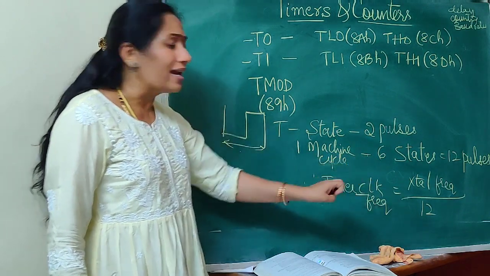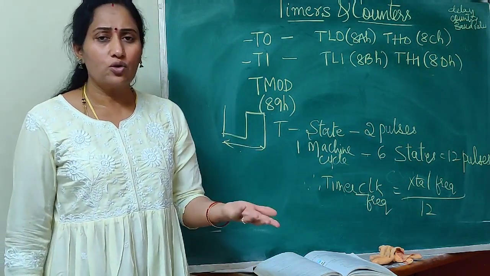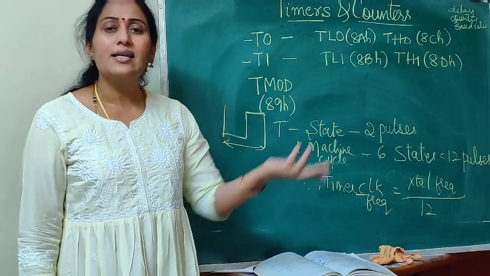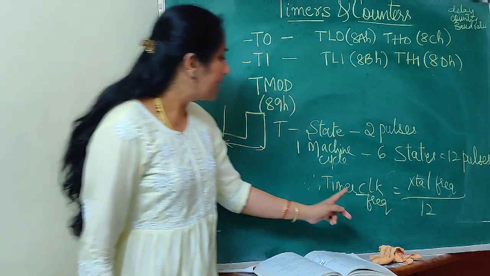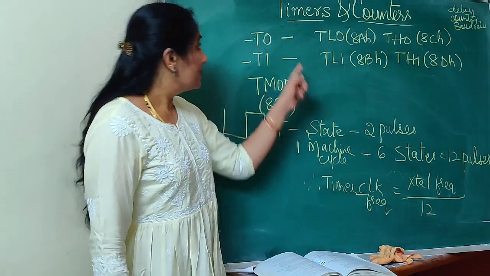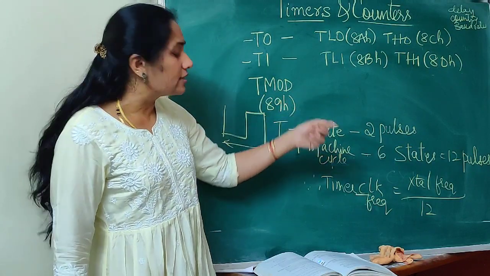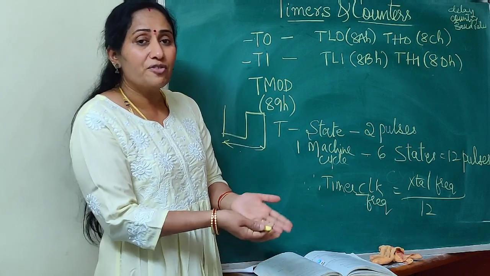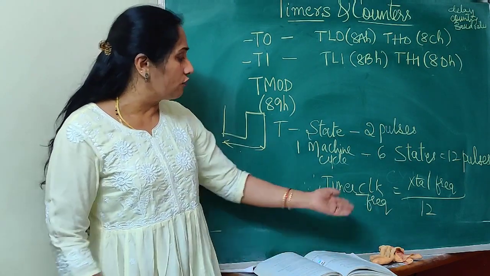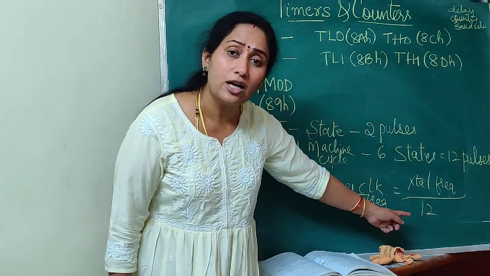Now, to calculate the frequency, since I have 12 pulses, I divide the given crystal frequency by 12. That's what I have written here. Timers count the internal clock pulses, so the clock frequency available for the timer operation is equal to the crystal frequency divided by 12.